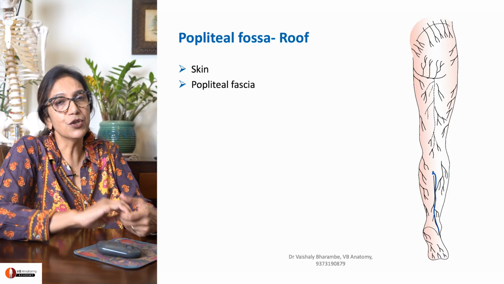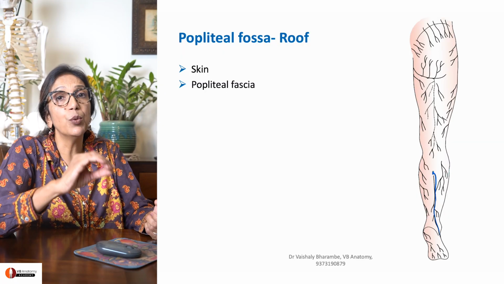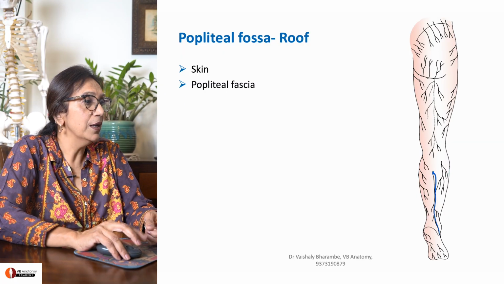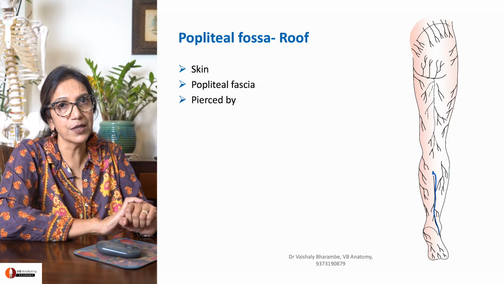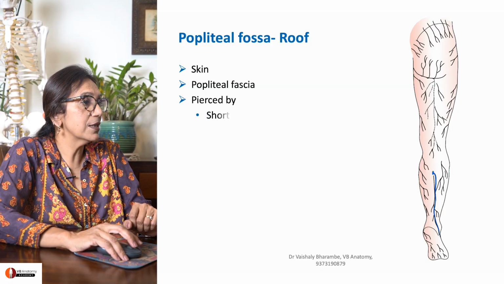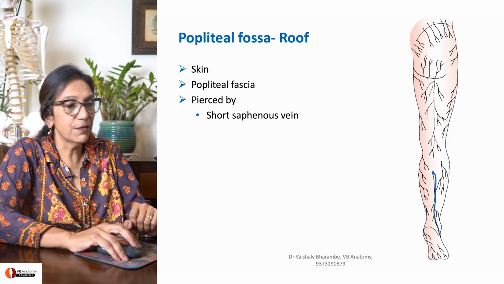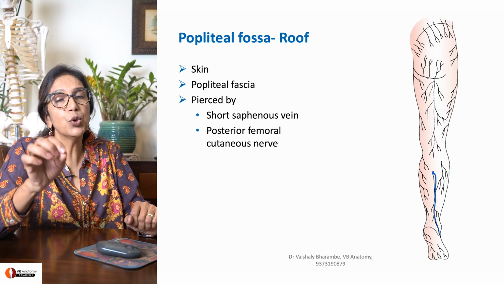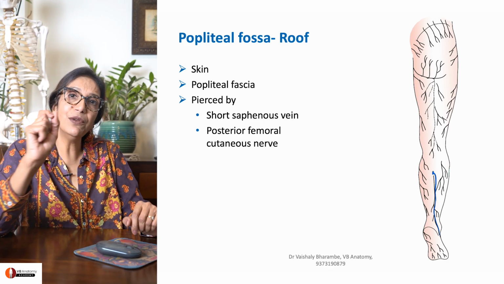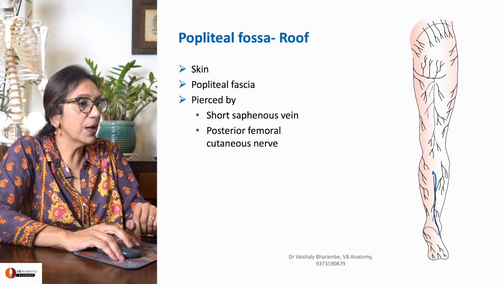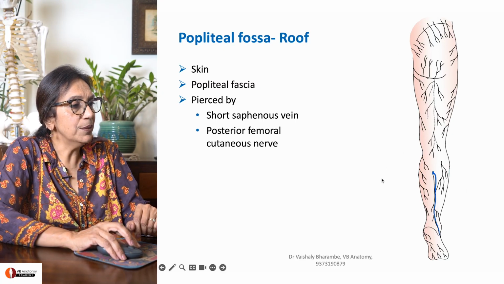And below that superficial fascia, there is a fascia called popliteal fascia. Okay. So that popliteal fascia is pierced by 2 structures. What are the 2 structures? Short saphenous vein and posterior femoral cutaneous nerve. Difficult to remember? You will remember if you learn a line about it. So come, take a look at this image here.